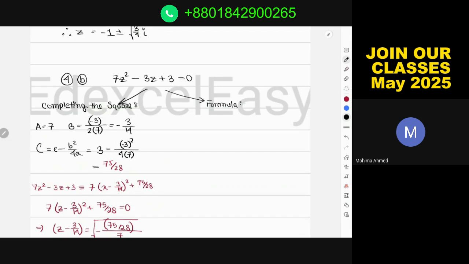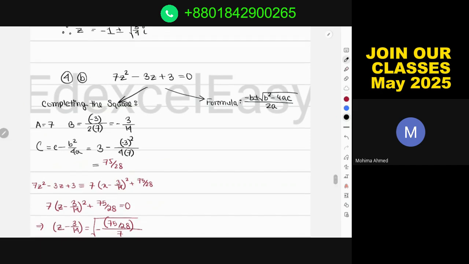Formula method. And what was your formula method? It was minus b plus minus the root of b squared minus 4ac, divided by 2a. This is your formula method. Over here, I was trying to calculate the value for z, right? So it is going to be what? Minus b.